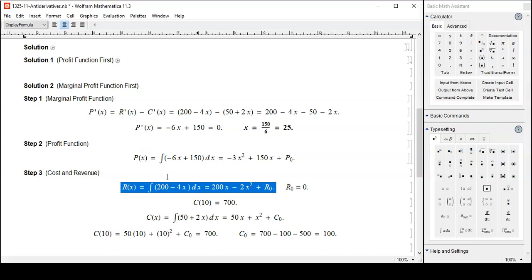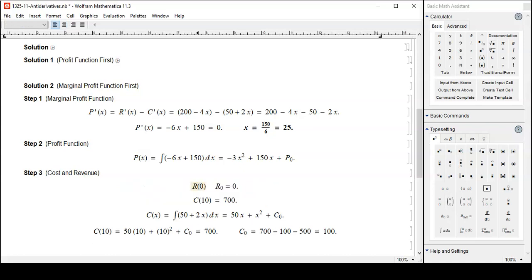We don't need entire thing here. So we get R0 is 0, and C0 is 100. So let's go back to the profit function.